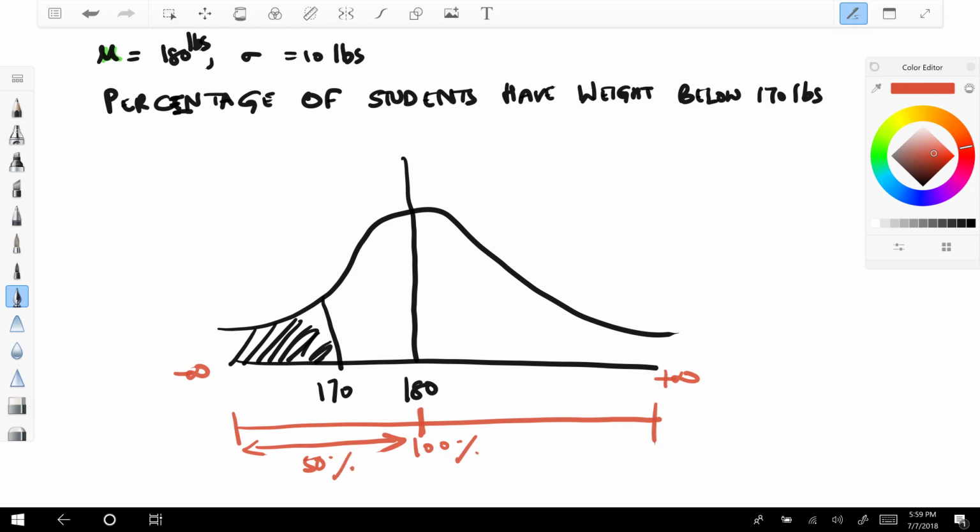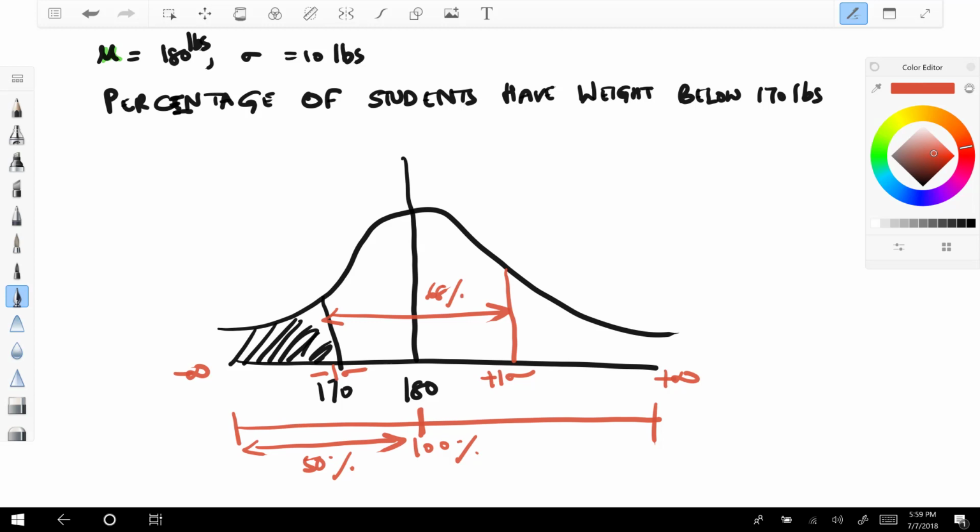So 170 is minus 1 standard deviation, and we have plus 1 standard deviation. This whole area is 68%.